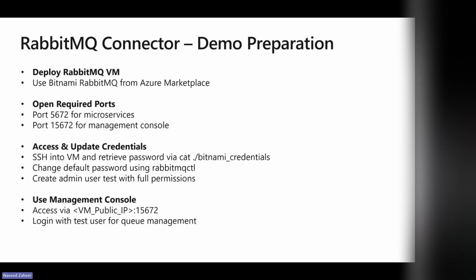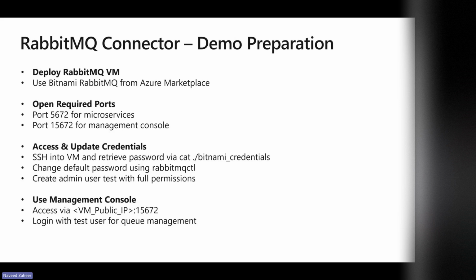There is also an image available in Azure Marketplace. It's a free image. Just spin up this image directly. You don't have to do anything. Just go to the marketplace, spin up this free image, and it will have all the stuff that you need to run the RabbitMQ cluster.